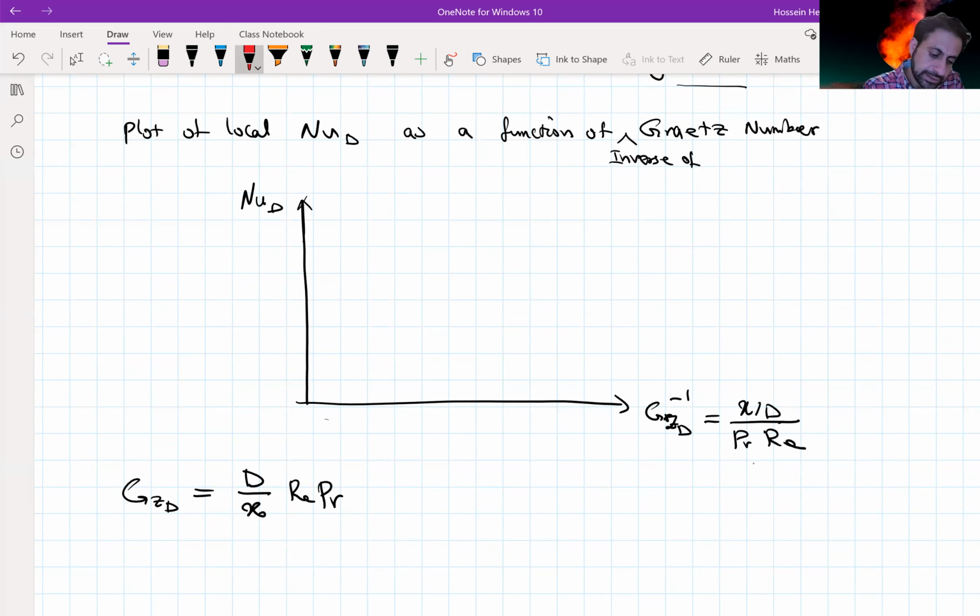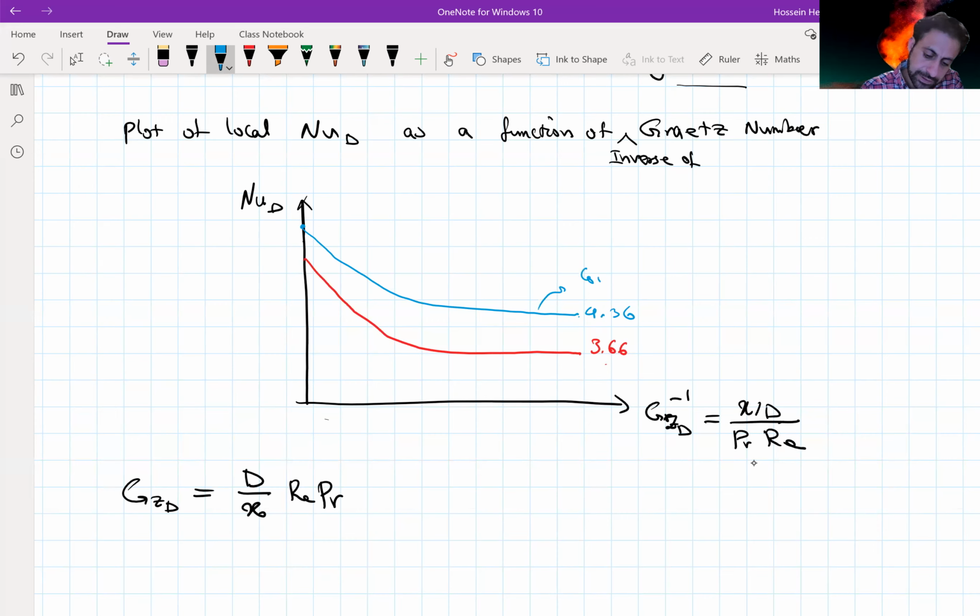Now, for the constant surface temperature, what we are going to see here is a change that reaches the point 3.66. So it's converging to the fully developed Nusselt number for a fully developed laminar flow, and for the constant flux, it's going to be similarly going down and reaching 4.36.